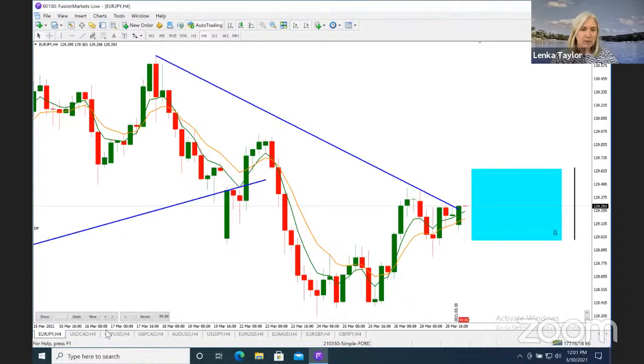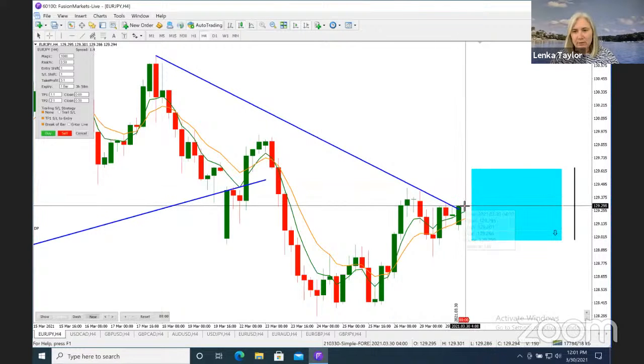as a short. So here we go, new trade. On this bar, I'm going to enter on the previous bar just below, and then my stop loss, I will set at the bar above that.